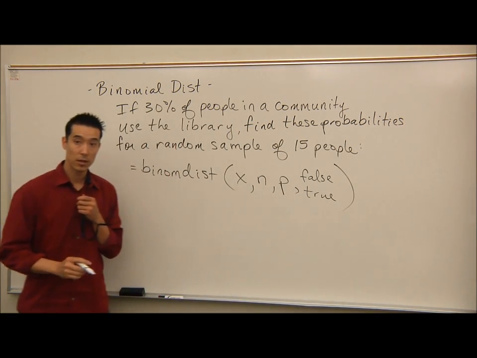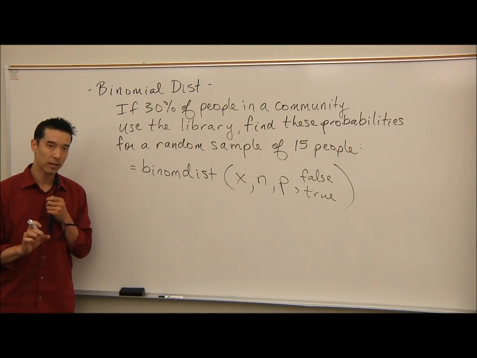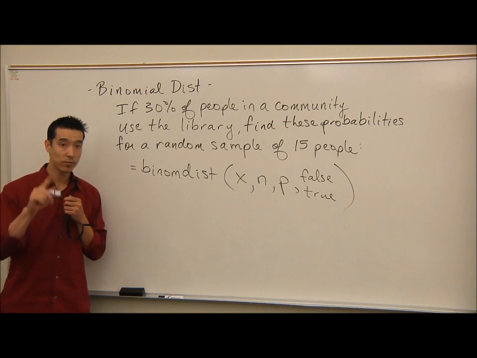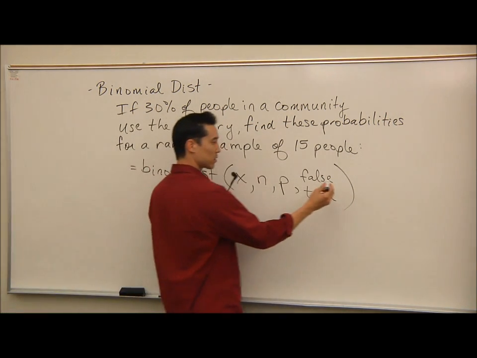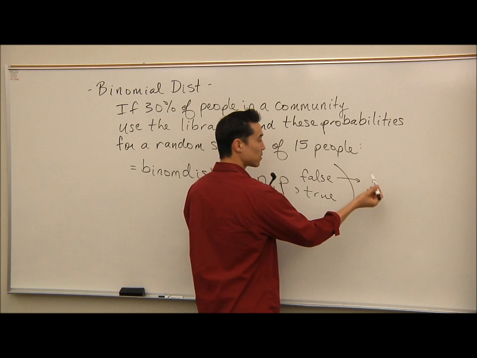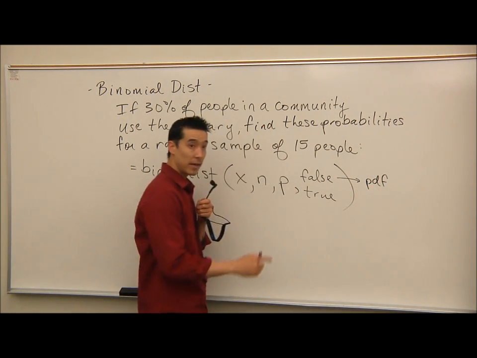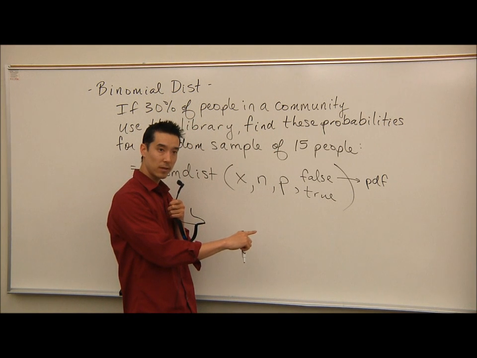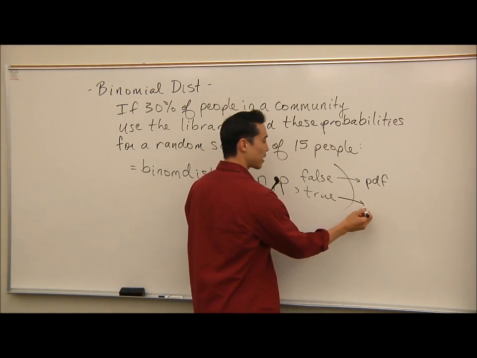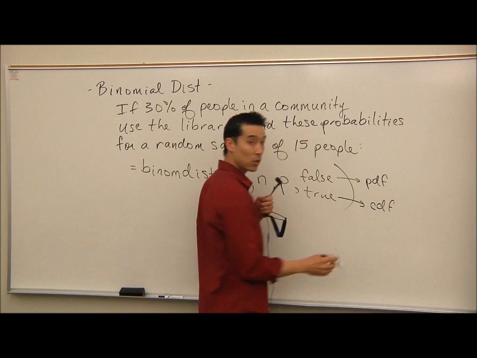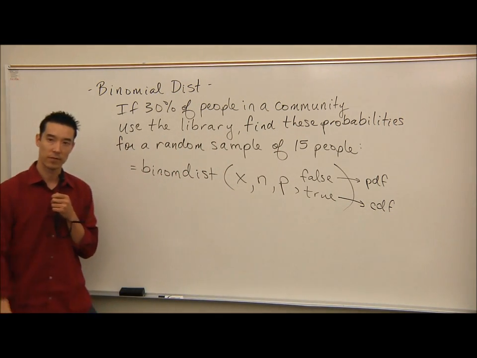Okay? So just like we did with the calculator with PDF, when you're just doing one, you use false. Okay? So false is the same thing as a calculator PDF. Okay? If you use true in Microsoft Excel, that's the same thing as a calculator doing a CDF. It's doing a cumulative from 0 up to whatever number you put in.